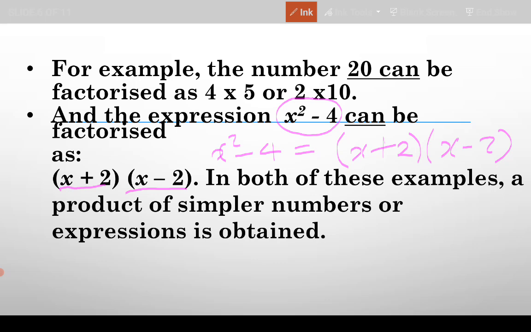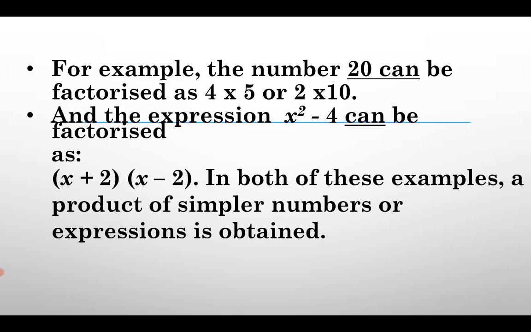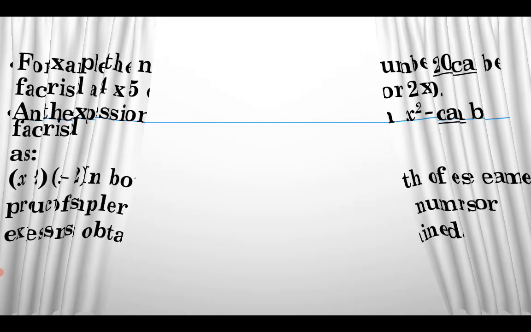In both of these examples, a product of simpler numbers or expressions is obtained. If you multiply x by x, we get back x squared, and 2 by 2, we get back minus 4. That's what we are saying. I hope so far so good on your side.